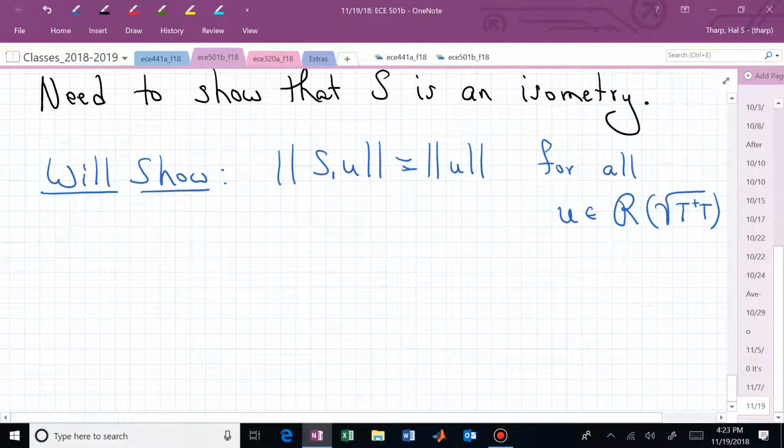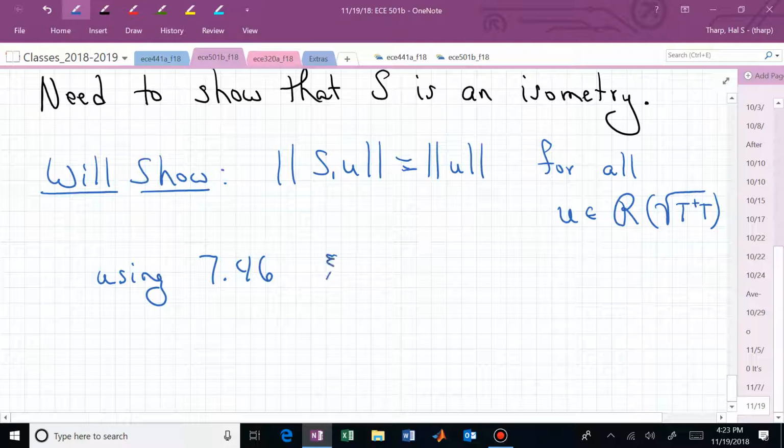S1 is rotating the output of this positive operator on a given vector. And so u is going to be coming from that output. And we're going to show this using equation 46 and equation 47.